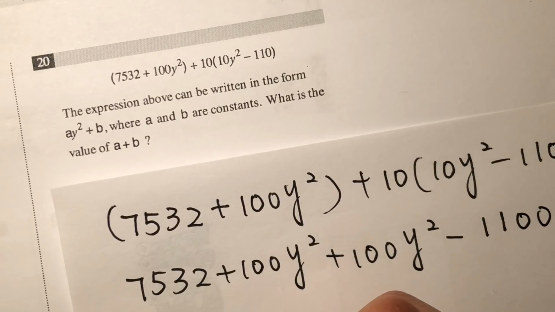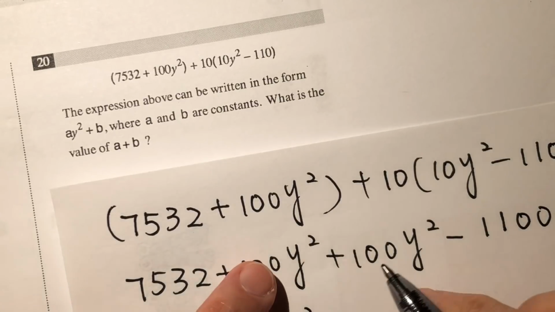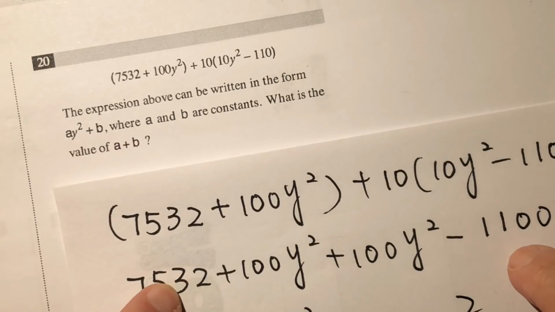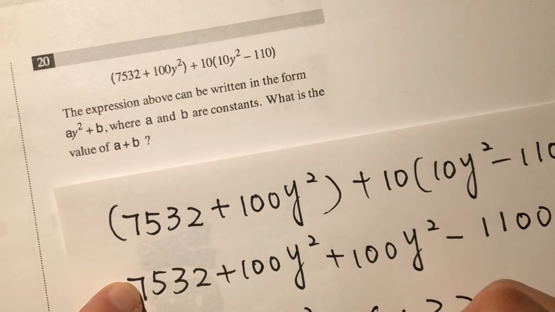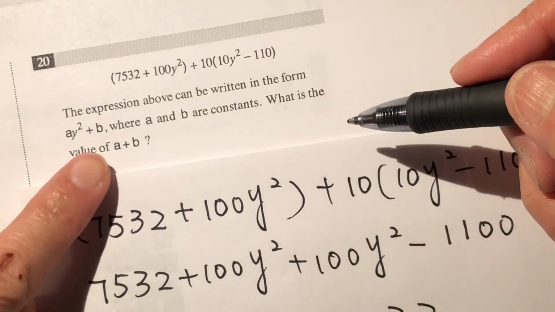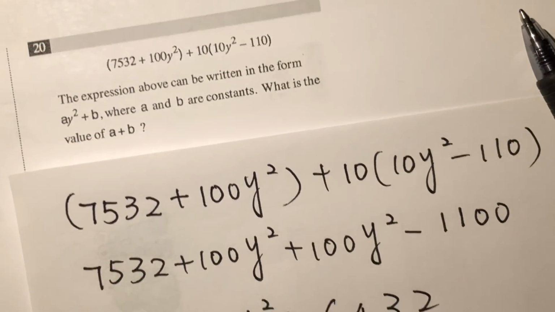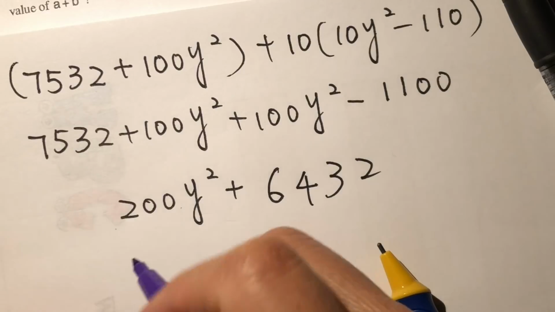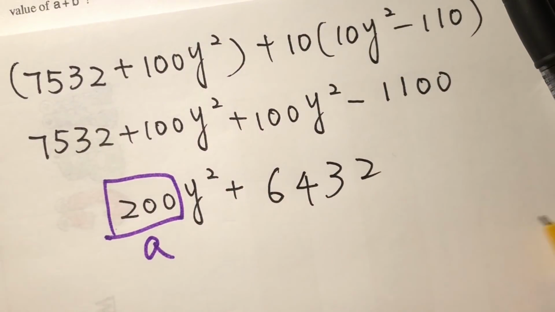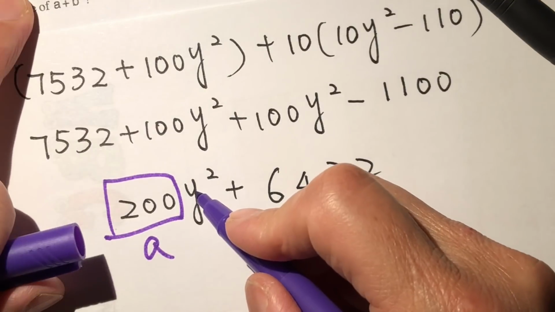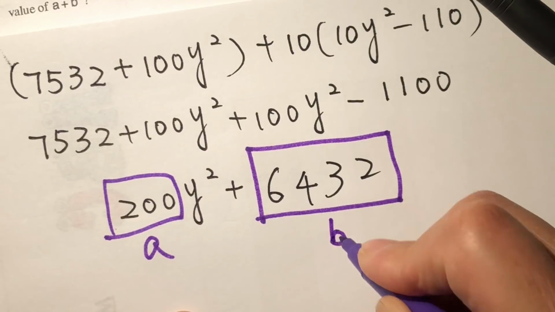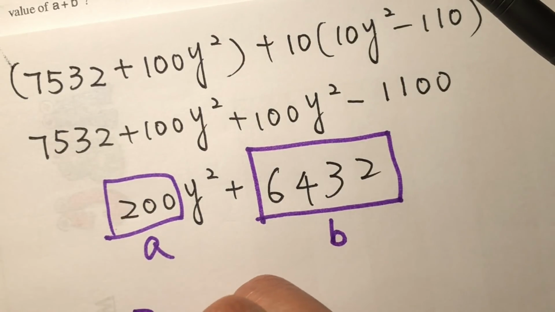So 200y squared plus 6432. So 200 is a in ay squared plus b, and 6432 is b.